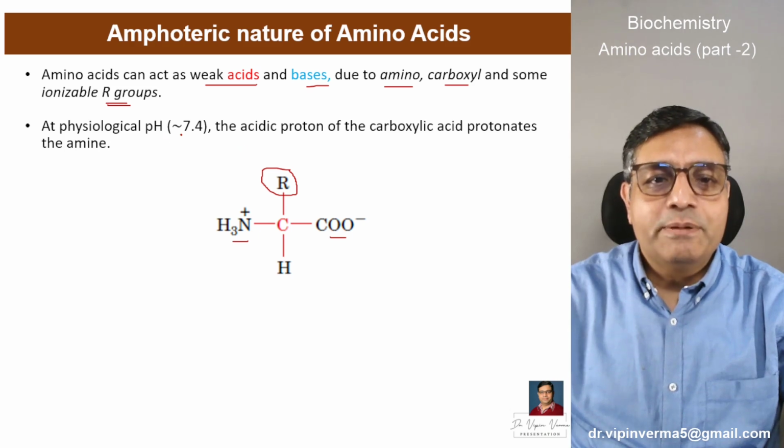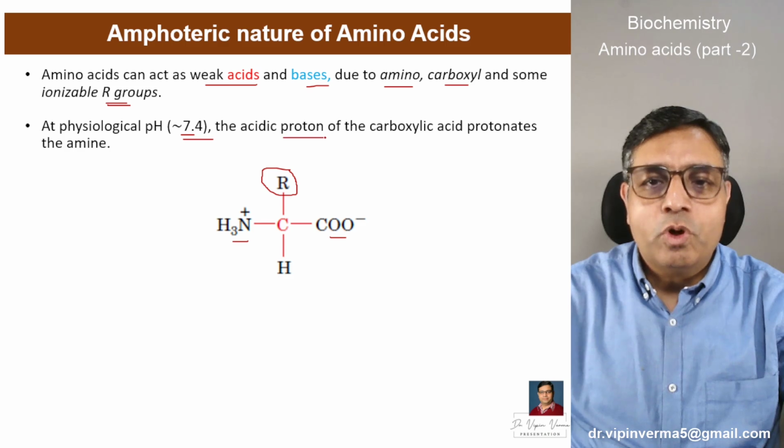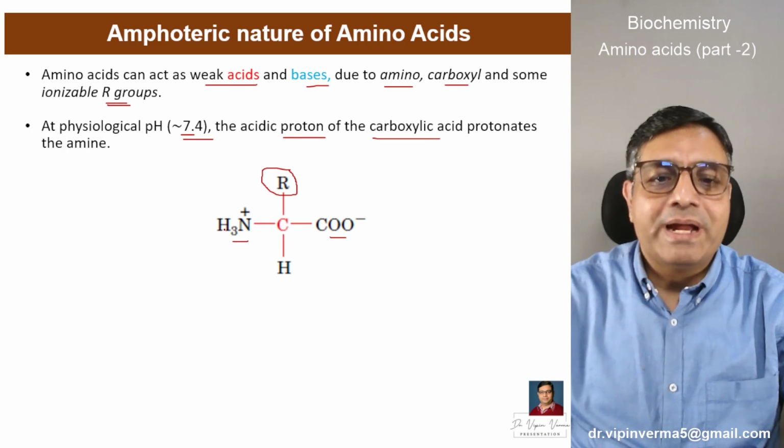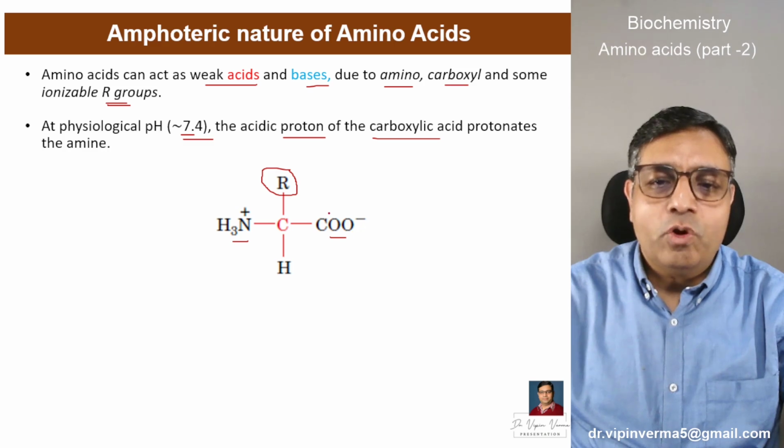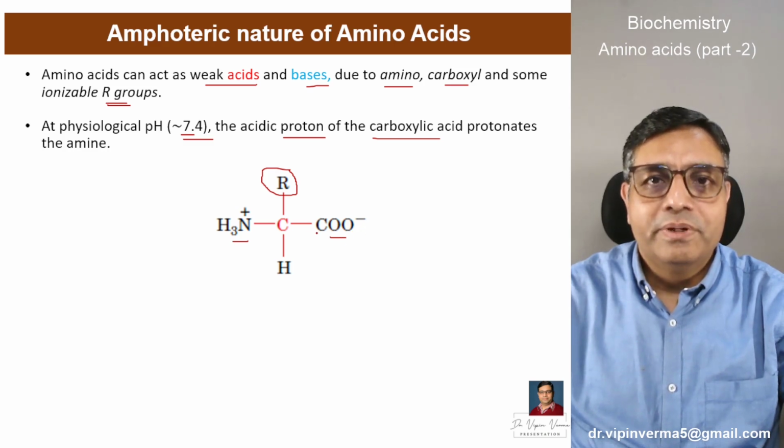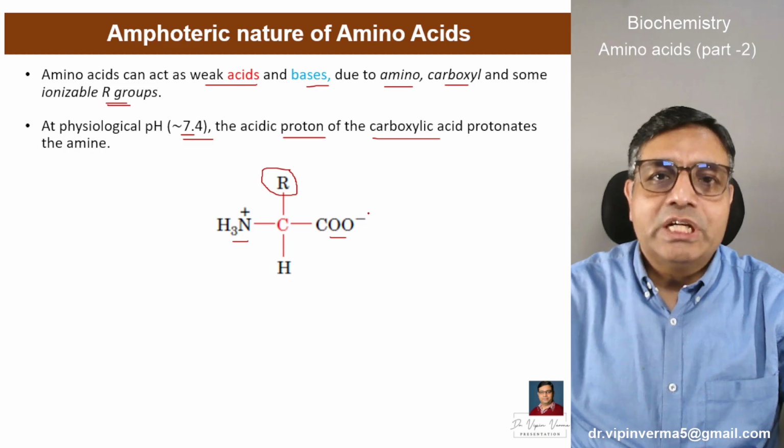Now at the physiological pH, which is around 7.4, the acidic proton of the carboxylic acid, so this is the acidic proton, it protonates the amine. All right, so when the proton is lost from the carboxylic group, that becomes negatively charged, but the proton goes to the amine and gives it a positive charge.